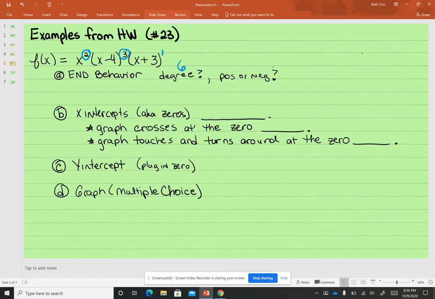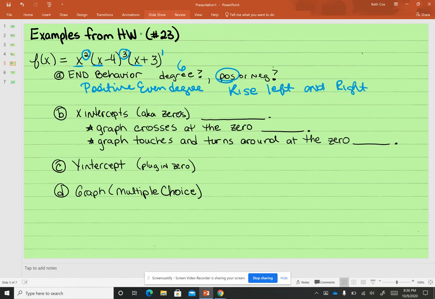Now, notice there is no negative. All your x's are positive. So this is going to be a positive. So this is a positive even degree. So it's going to rise on both sides. It's going to rise left and right.